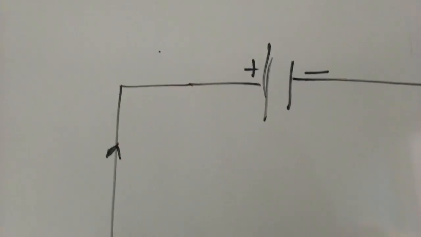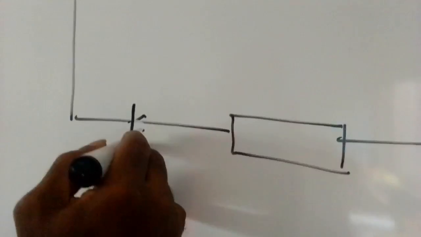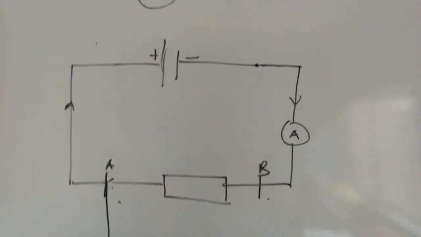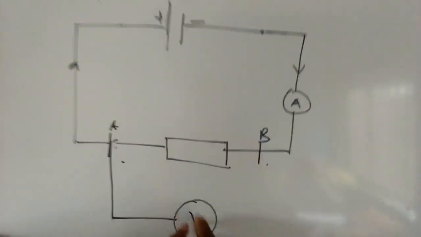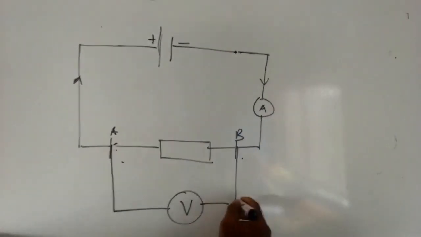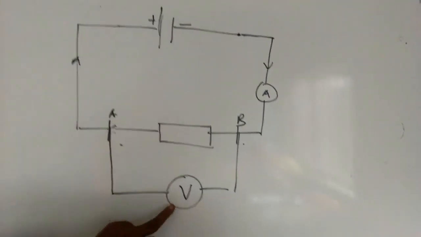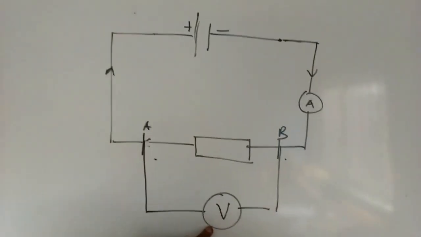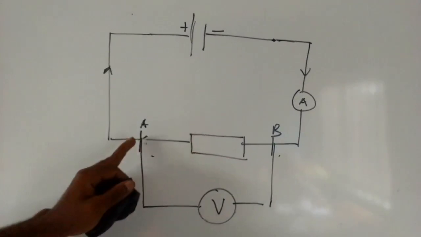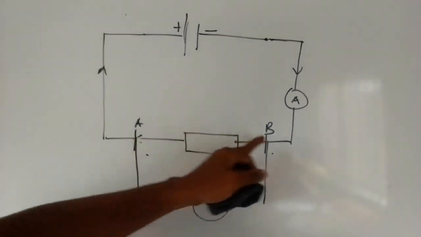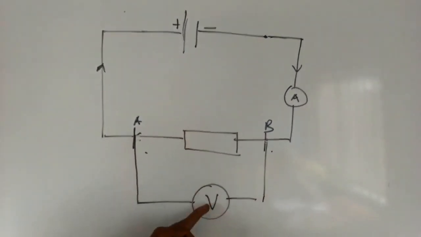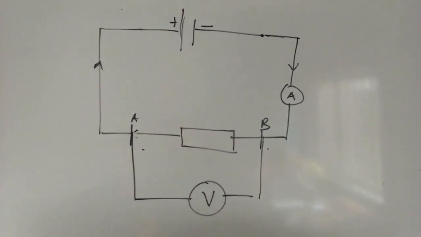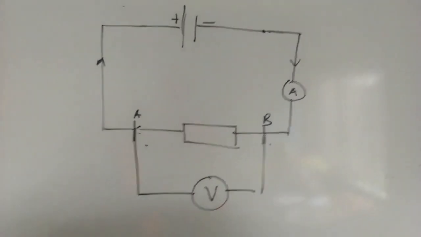Now, assuming I want to find the work done in taking a positive charge from this point A to this point B across the resistor, I'll attach a voltmeter across the resistor. So the voltmeter measures the work done in taking a charge of one coulomb, that is, unit positive charge, from point A to B across the resistor. That work done is what's called the potential difference.